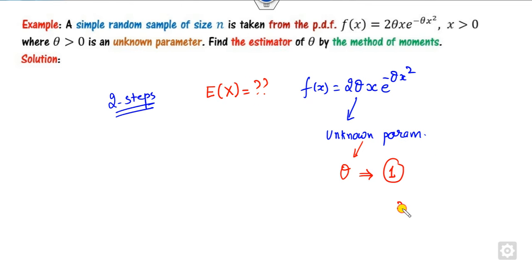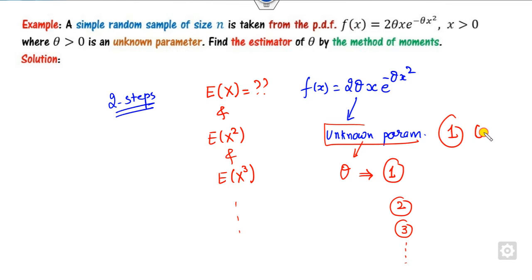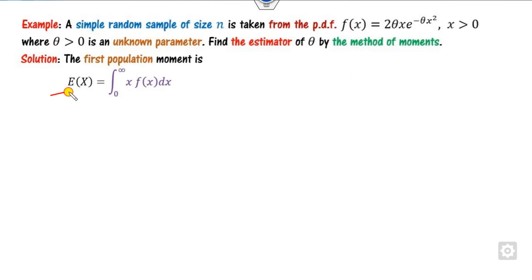If there are 2 unknown parameters, then we need to find E of x and E of x square. If there are 3 unknown parameters, then we will find E of x square and E of x cube and then solve. But in this case, there is only one unknown parameter, that is my theta, so we will find E of x only. Since it is a continuous distribution, we will find it here.